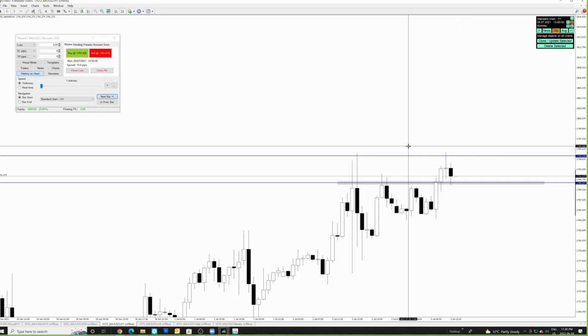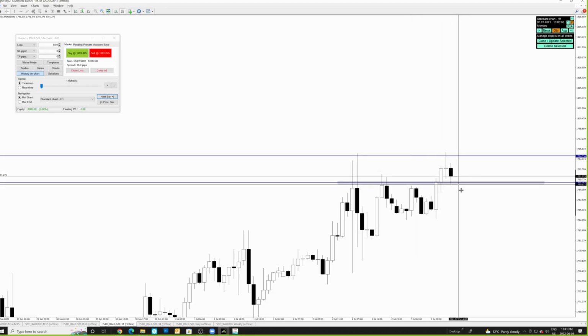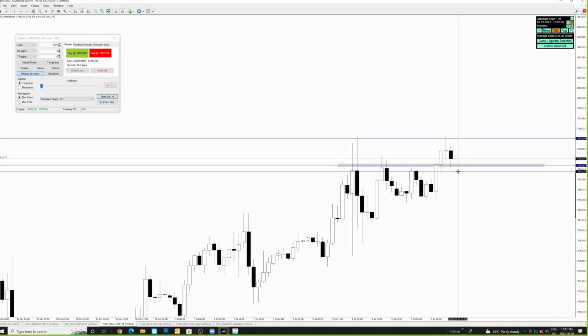We have a support and we have a resistance right up over here. So we have to wait for price to either break below this previous candle to continue down, since we have a clean candle here previously. This is a 35 pip range. Or we need to break above 1794 for price to continue pushing up, right?